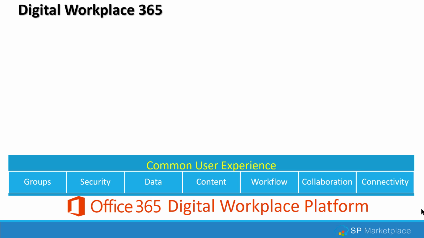Content, managed documents, through OneDrive with SharePoint in the back end, as well as content being delivered in sites. And a workflow engine. They've put in some incredible collaboration capabilities with Skype for Business and connectivity with connectors, as well as transactional type things like Flow to connect to other systems.